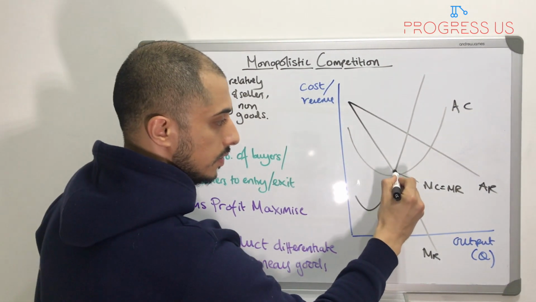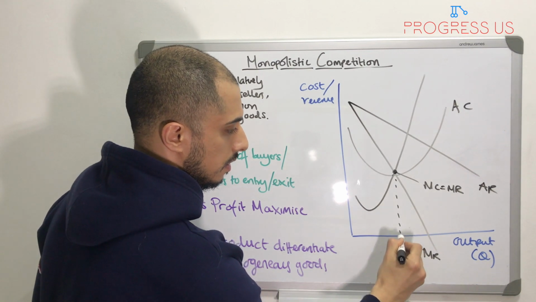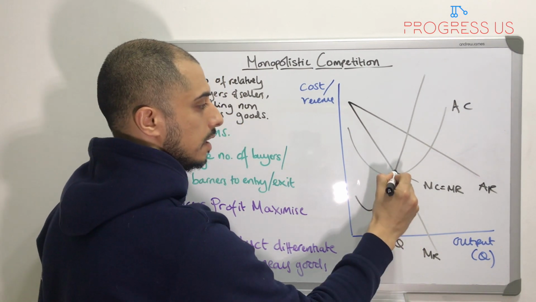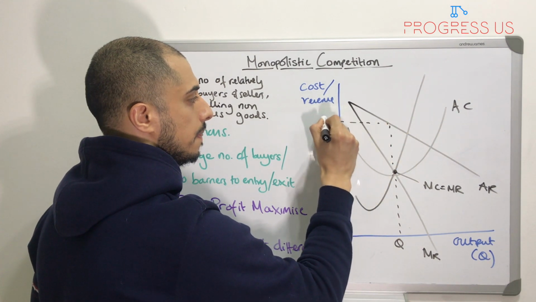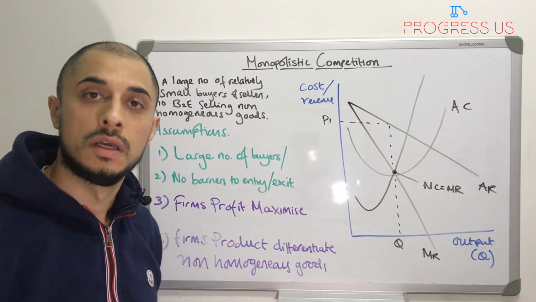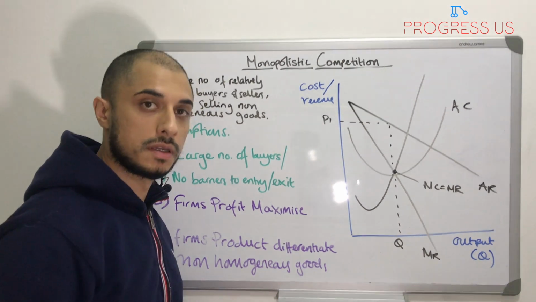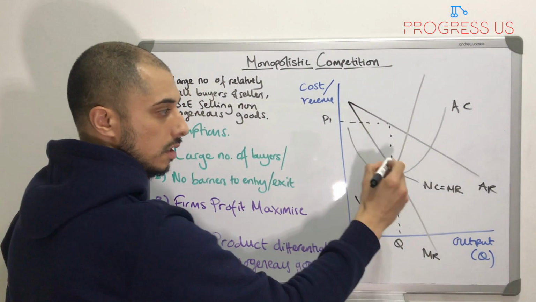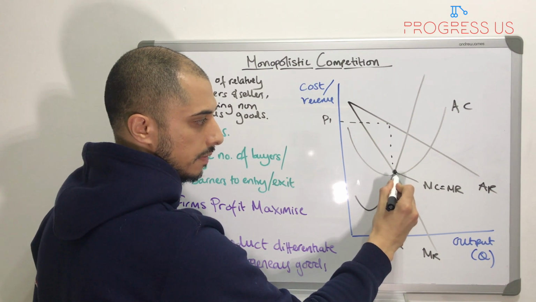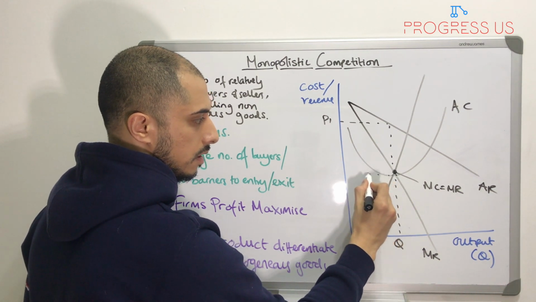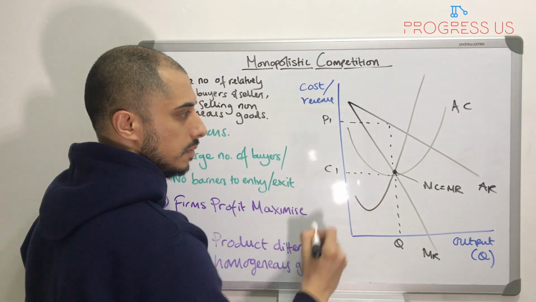So we bring this point down to our output, Q, we take it up to our demand curve, we get P, which gives us our total revenue, but of course we're interested in profit rather than revenue, and therefore we take our profit maximization point down to the cost curve, and we bring that across to establish the firm's cost, which is C1.